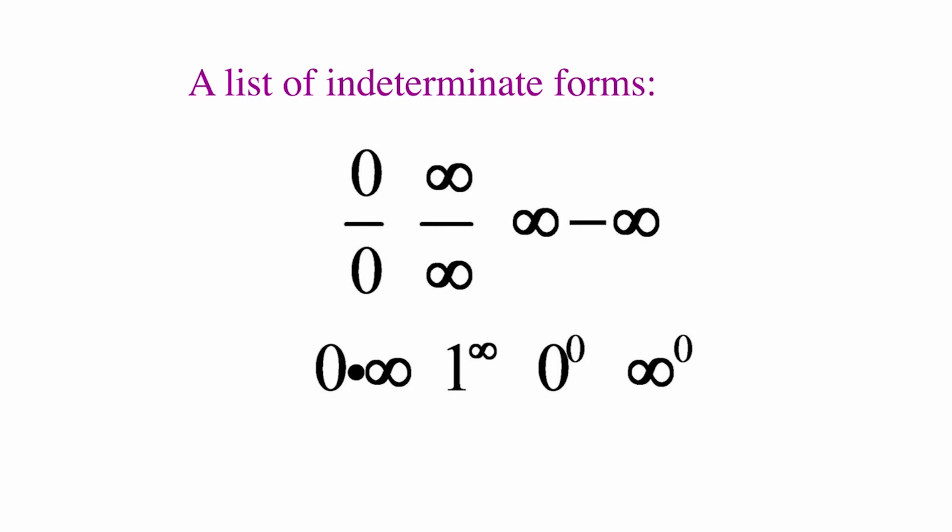All the indeterminate forms have their own specific values depending on the particular case, like what kind of infinity is on the top and what kind of infinity is on the bottom and what is the ratio. So we have to evaluate them individually. Later, you'll realize that calculus is all about evaluating indeterminate forms.